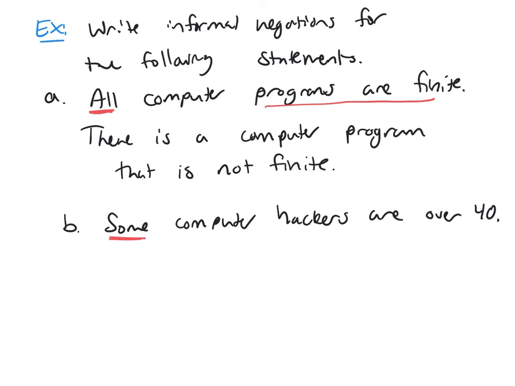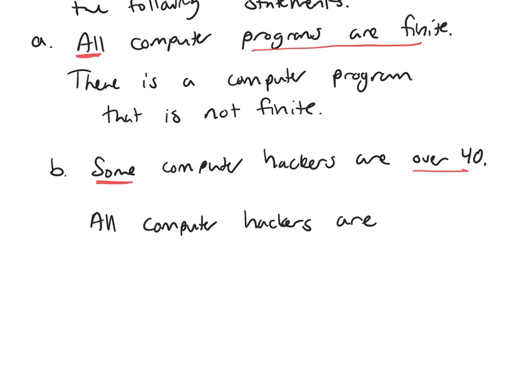So you're going to say all computer hackers are, and then you need to negate over 40, so they would either be 40 or under. So I'll say 40 or under. And that's how we would negate that.